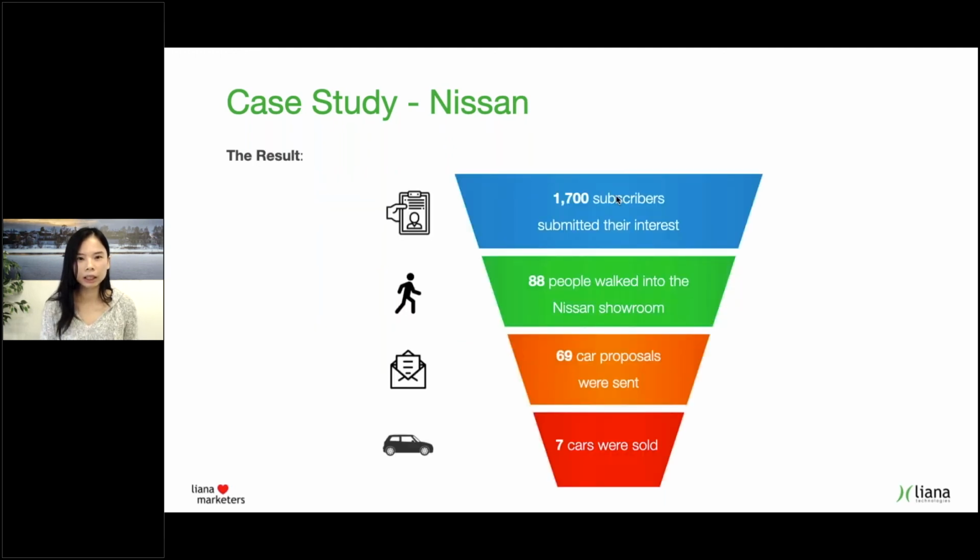They got 1,700 subscribers to respond to the newsletter, and 88 of them walked into the showroom to browse for cars and talk to the salesperson, and they managed to send out 69 car proposals. So at the end, they sold 7 cars from these two promotional newsletters.